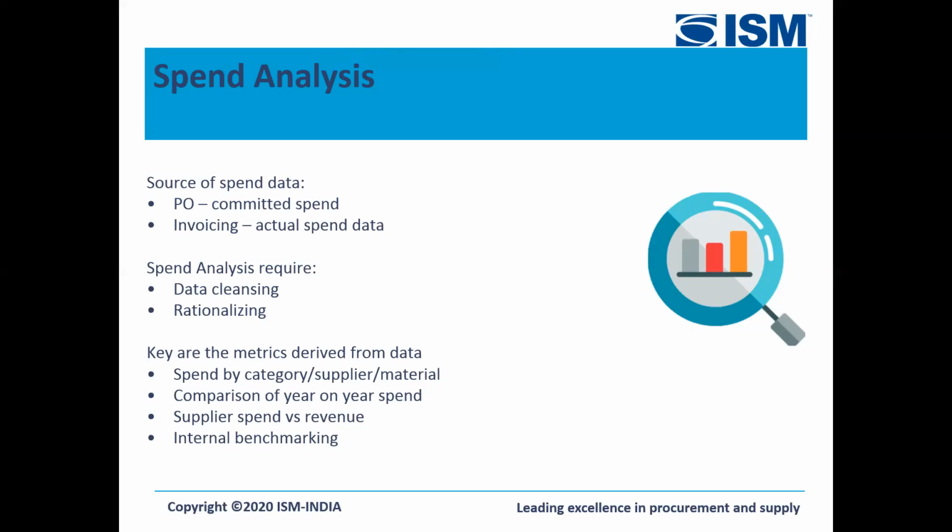But it requires a lot of cleansing, because cleansing means to remove unnecessary data items, or to rationalize things. So, for example, you might have one supplier which would be registered with different entity names. When you rationalize it, you will keep it under one name, so it will be easier. Similarly, there would be spend in different currencies.